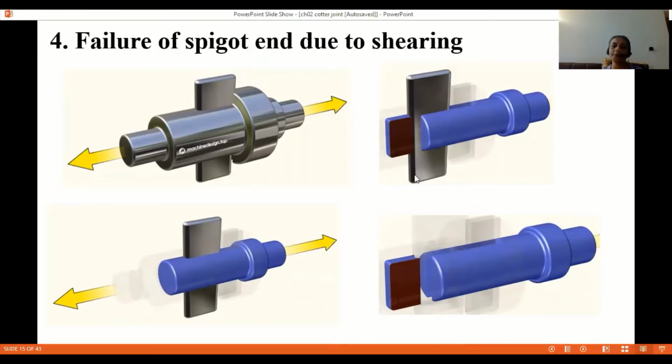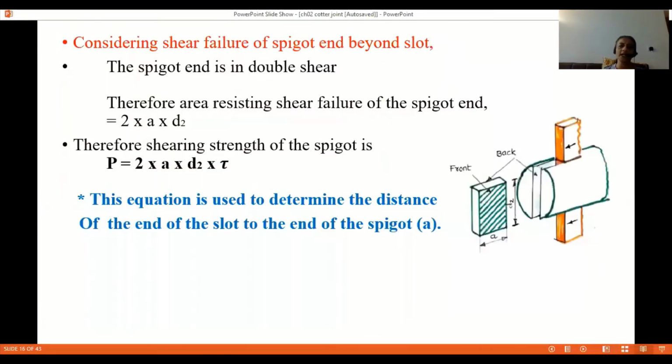Because of the push by the quarter, the end of the spigot will shear off. It will come out. When it comes out this way, we can see that there are two areas of failure, front and back. So we say that it is a double shear failure.